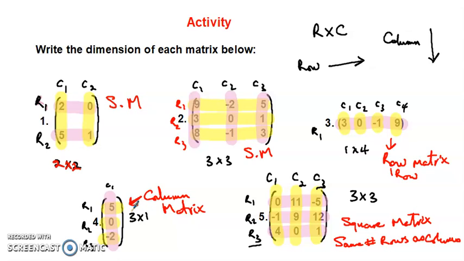Alright, so I hope that you understand the basics of matrices in terms of what a matrix is and how they can be represented, and also how to determine the dimensions of a matrix.